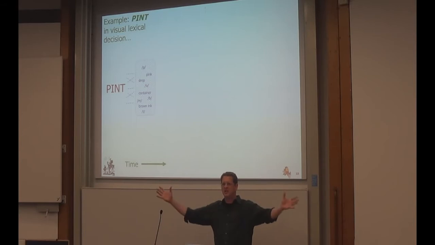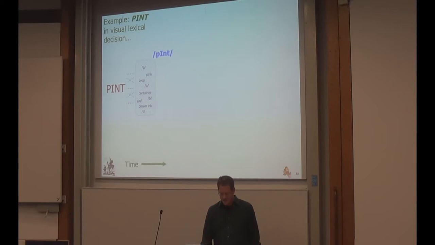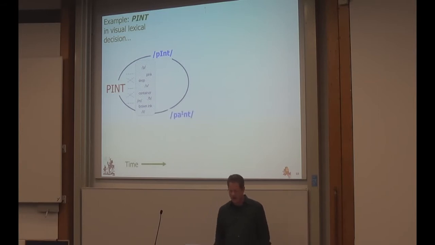A bunch of stuff is broadly activated in memory, which gives you things like semantic priming effects. The regularized pronunciation is available really early because it fits with the mapping of spelling to sound, and the actual pronunciation becomes available a little bit later.